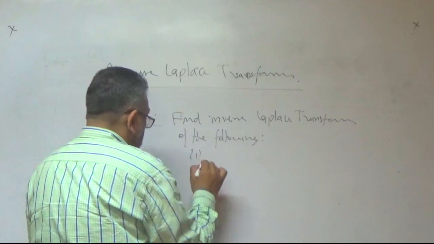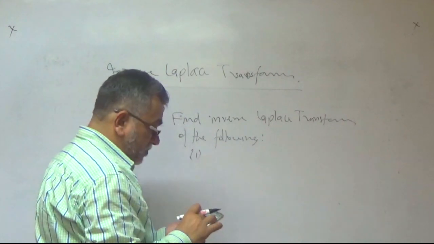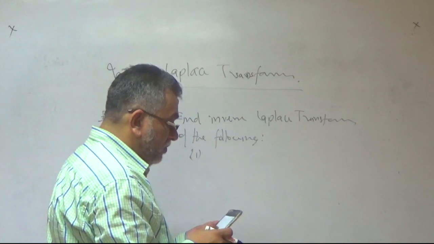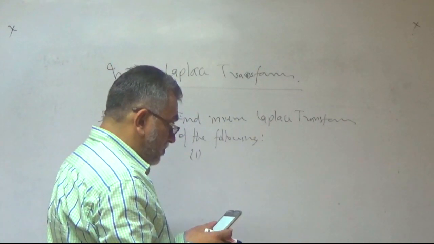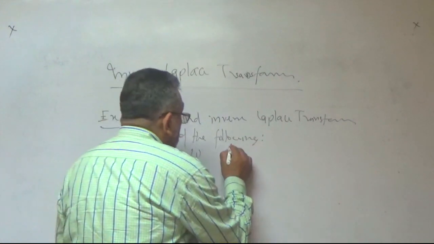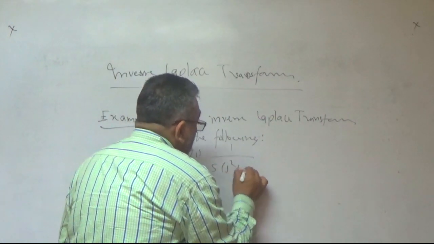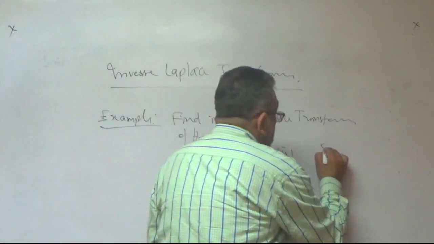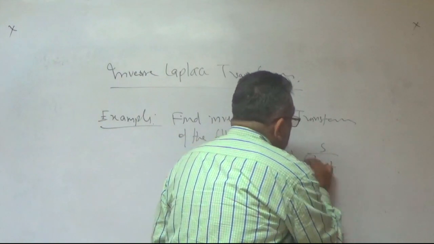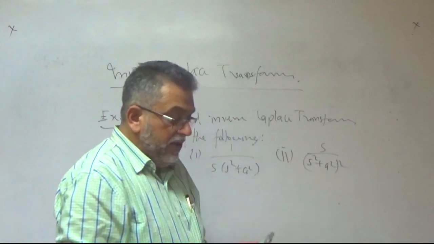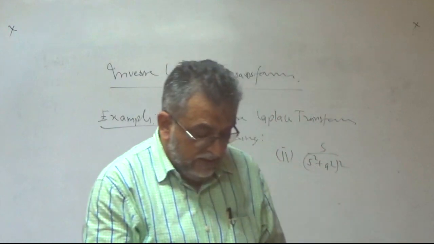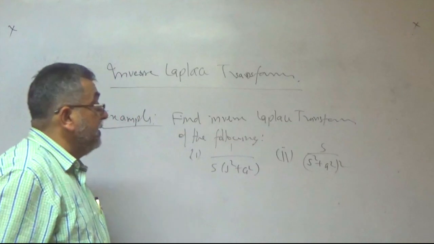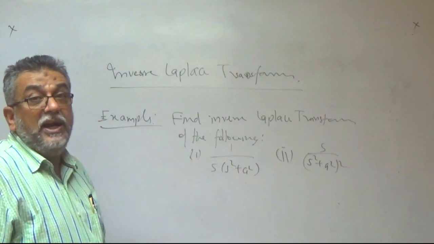First part, that is 1 upon s times (s square plus a square), and second part, that is s upon (s square plus a square) whole square. If we take these two examples, how can we find the inverse Laplace transform?